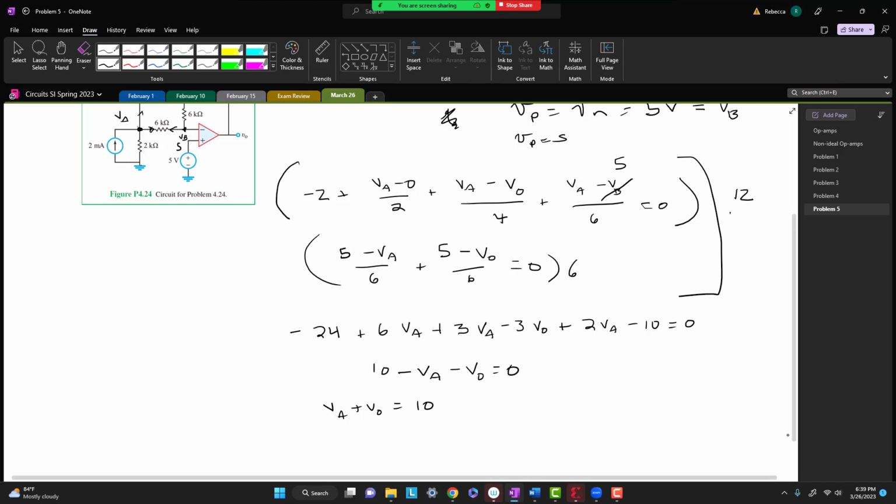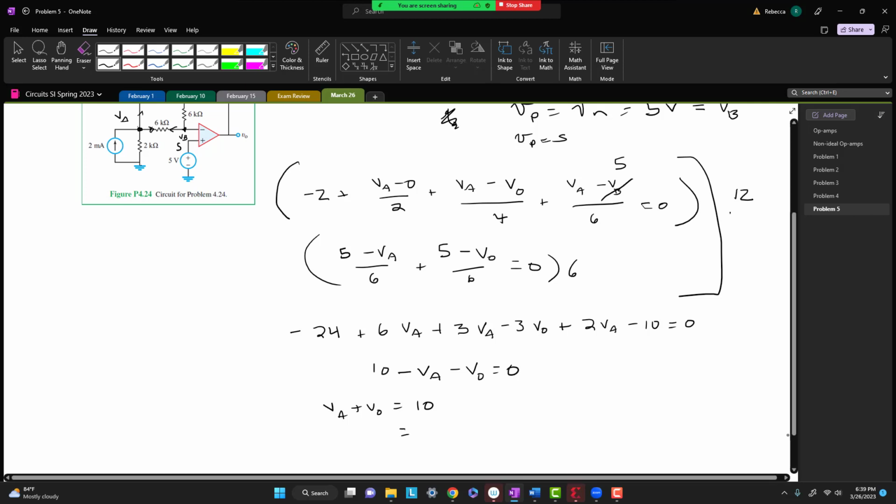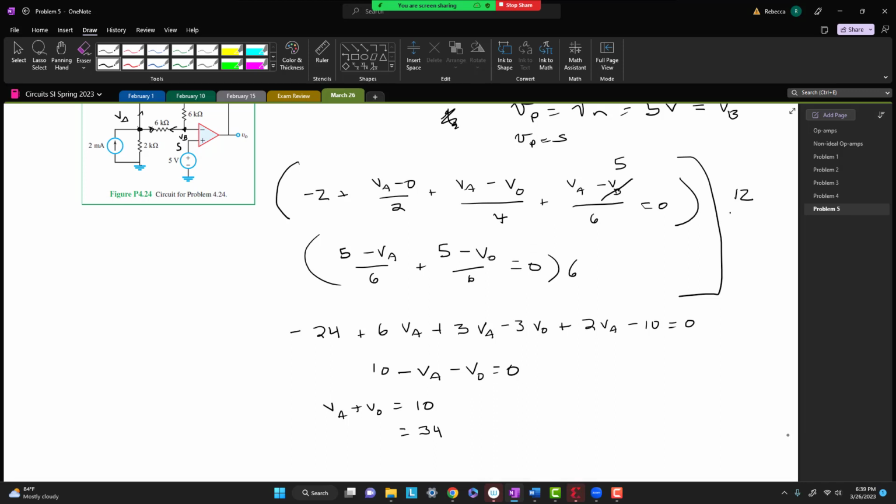The top equation, I have a minus 24 and a minus 10. I'll take those to the other side to get a 34. And then I have a 6 VA and a 3 VA is a 9 VA, plus a 2 VA is 11 VA.